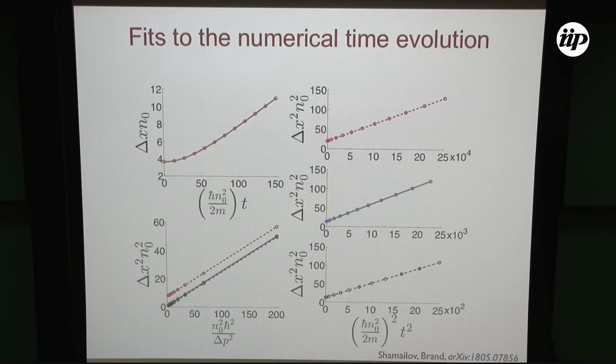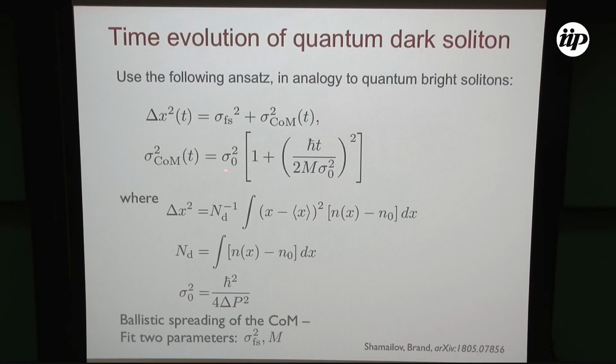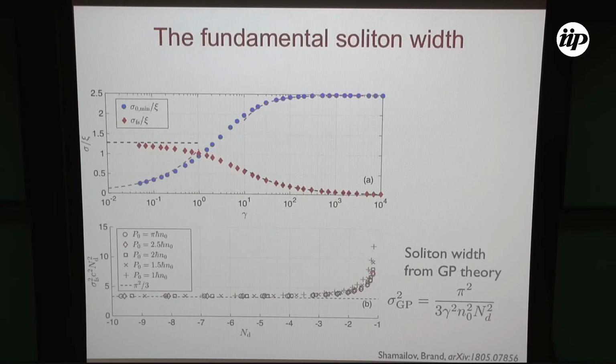Now you may remember from these formulas, the width is not only given by this fundamental soliton width, but also by this time-dependent center of mass width, which depends on time, but also on some initial value, which is the width of this Gaussian wave packet. That cannot be chosen completely arbitrarily because we have only a finite momentum interval that is available.